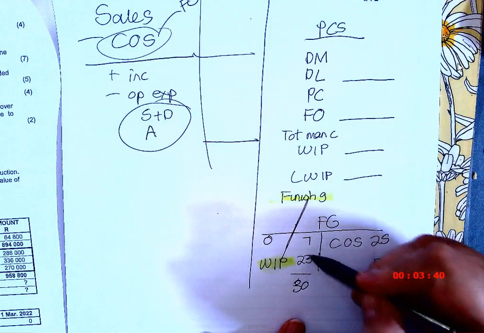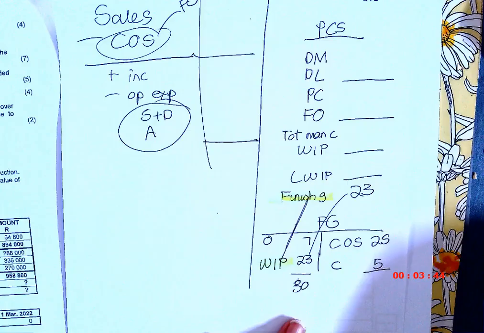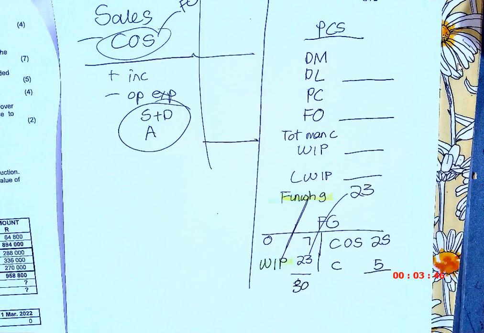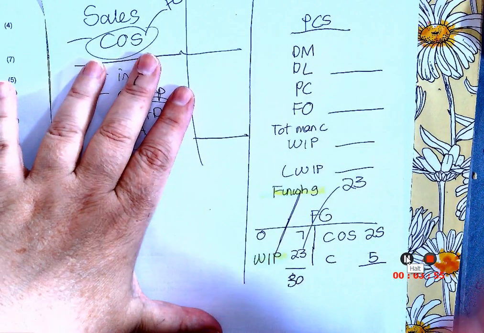But can you see that 23 would be there because that's the cost of the goods I finished making this year. So, happiness?